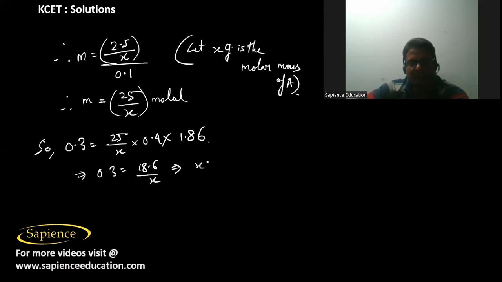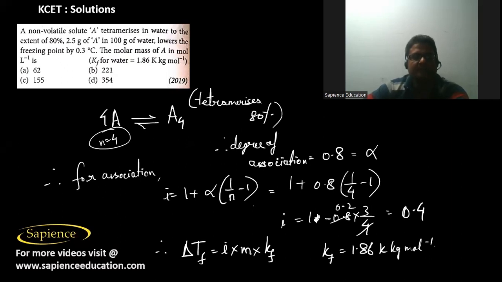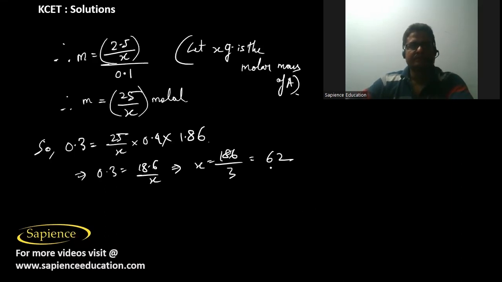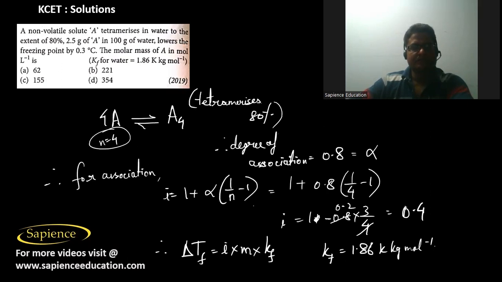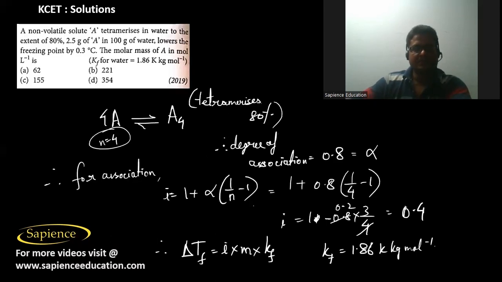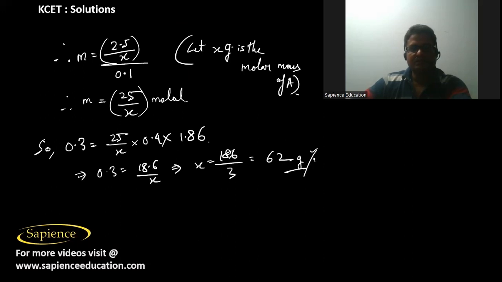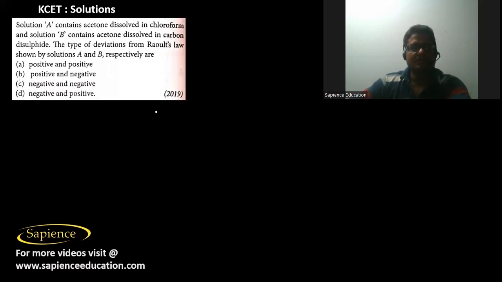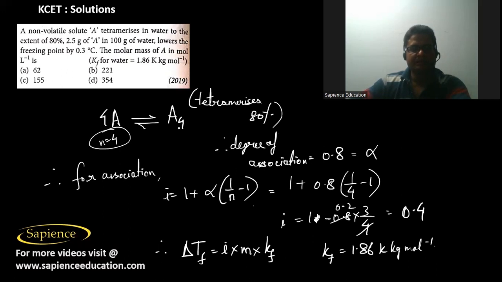So x will be equal to 186 by 3. So that is 3 6 18, 3 0 6. So 62 gram per mole is the molar mass of A. So option A is the correct answer.